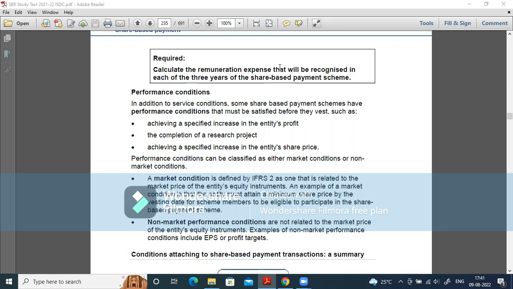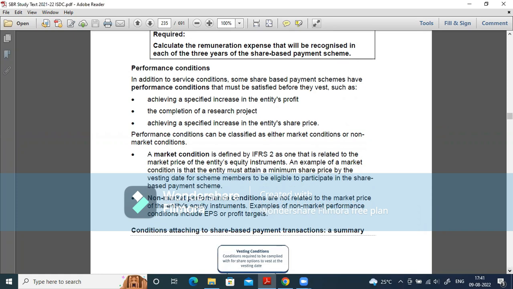So this is the thing. Whenever you find market-based conditions, you can completely ignore them, because whenever the fair value of the share option is computed, these adjustments will also be included.